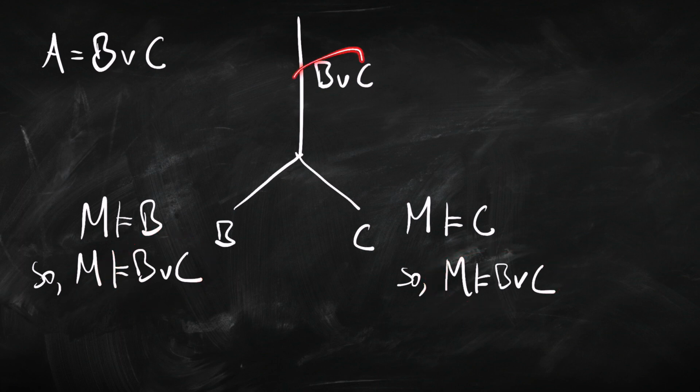Okay, so either way, B or C is going to be true in the model that we created from the open branch. So we've considered another case there, okay? The case in which A, the sentence we're interested in, is a disjunction, then yeah, our model makes that sentence true.